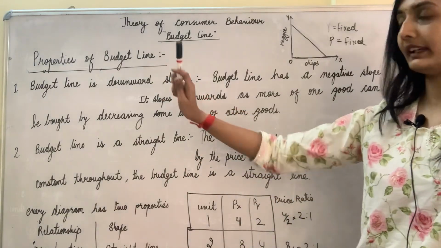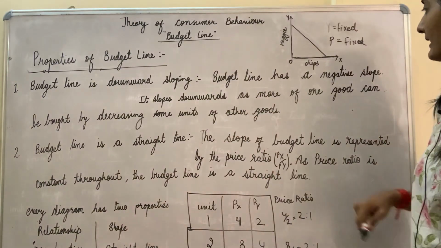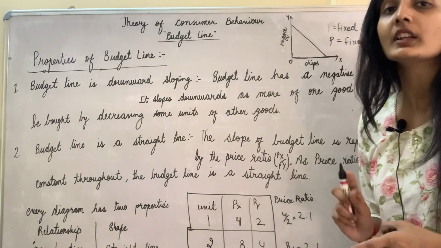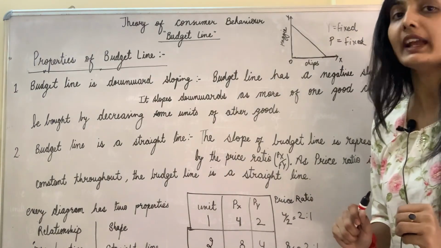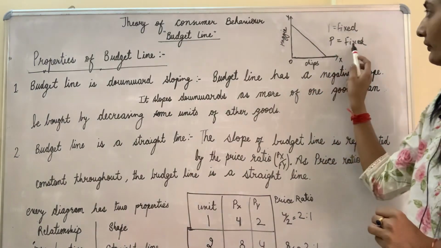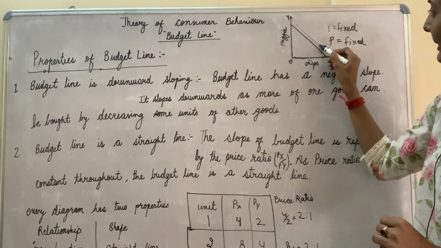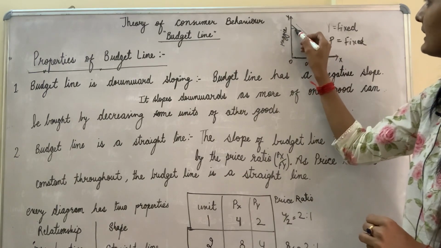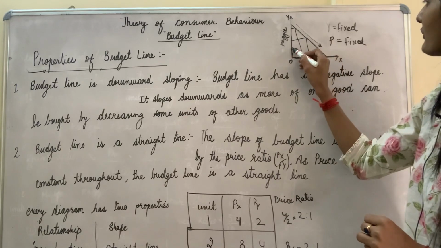Properties of budget line. First, budget line is downward sloping. Budget line has a negative slope. As we have discussed, we have taken two commodities, chips and Maggi, and they are inversely related to each other, as our income is fixed and the prices of these goods are also fixed. So this is the line of Maggi and chips that is downward, as we decrease the units of Maggi and increase the units of chips.